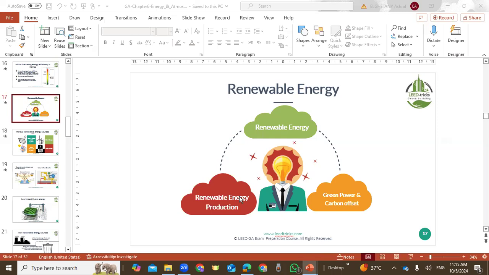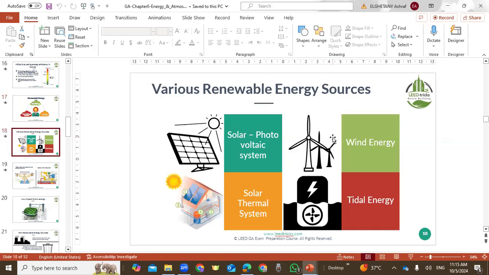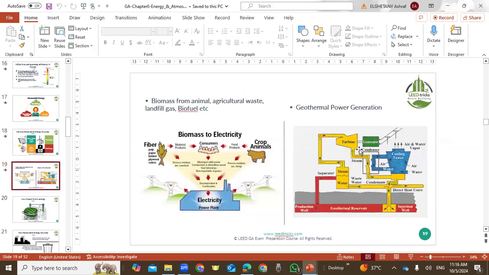There are many ways to produce energy on site, using different renewable energy sources. We speak about biomass and geothermal, and how we can use the land itself, the earth, to cool or heat our interior space using geothermal power generation.